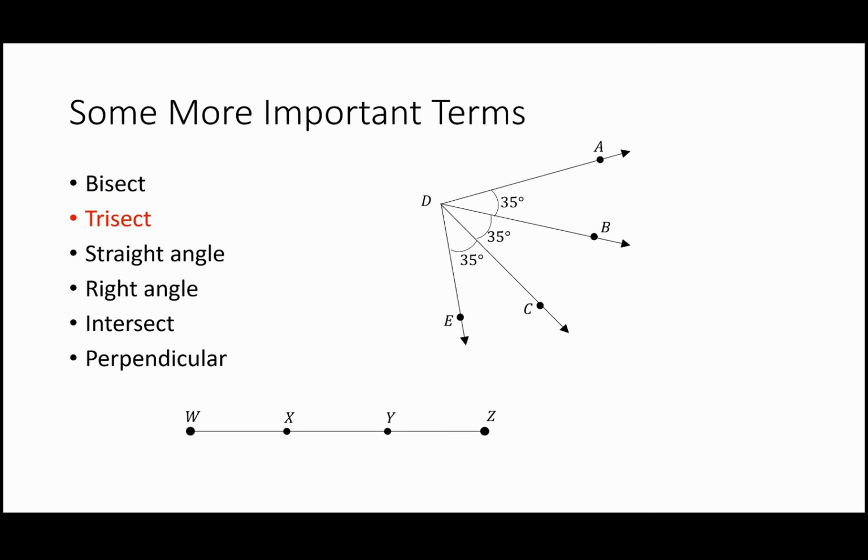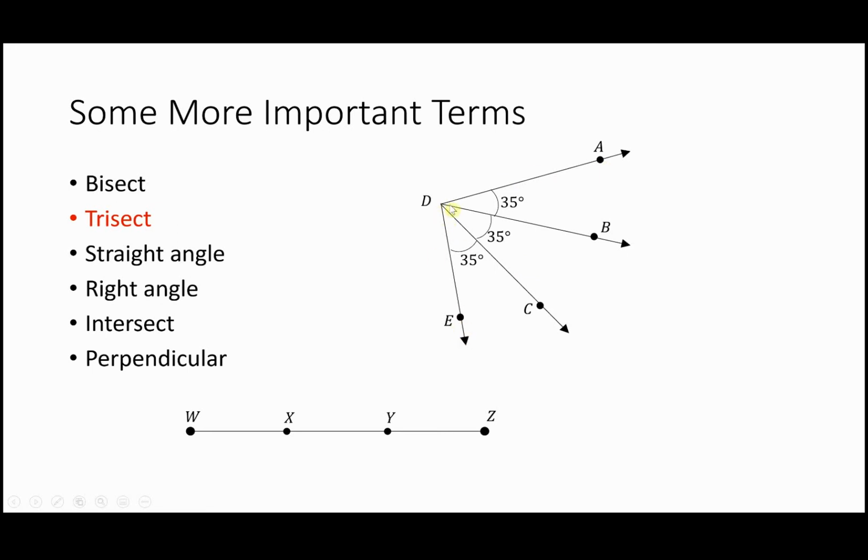So if you understood what it meant to bisect, you're like, oh yeah, trisect, that means cut into 3 equal pieces, in which case I would say, yes, that is correct. So if you need to trisect a line segment, you must do so with 2 points, right? So to cut into 3 pieces, you need 2 points. To cut into 2 pieces, you need 1 point for a line segment. Similarly, in order to trisect an angle, and it looks like we're trying to trisect angle ADE here, you need 2 rays.